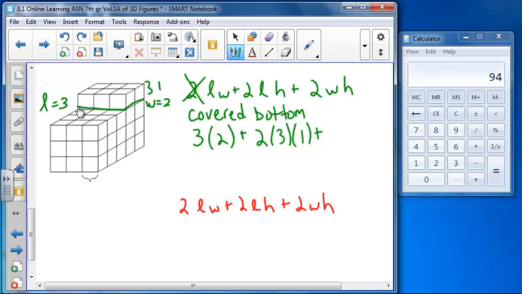Then the last dimensions are the very sides. So here's the top. We don't need the bottom. Here's the front and back. Here's the sides.